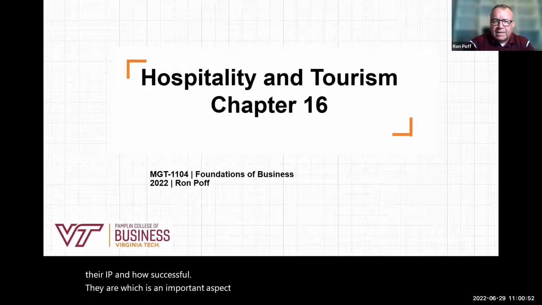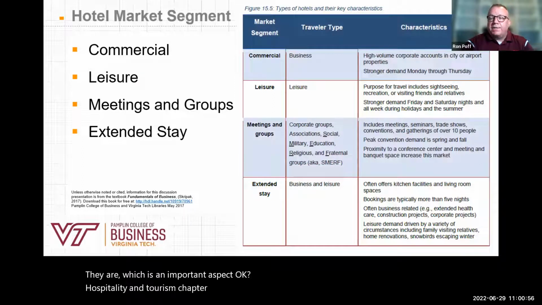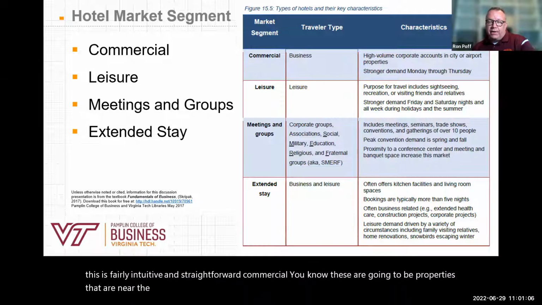Okay. Hospitality and tourism, chapter 16. Just understand the hotel market segments. I think, again, this is fairly intuitive and straightforward. Commercial, these are going to be properties that are near the airport or downtown areas. Certainly stronger demand Monday through Thursday.